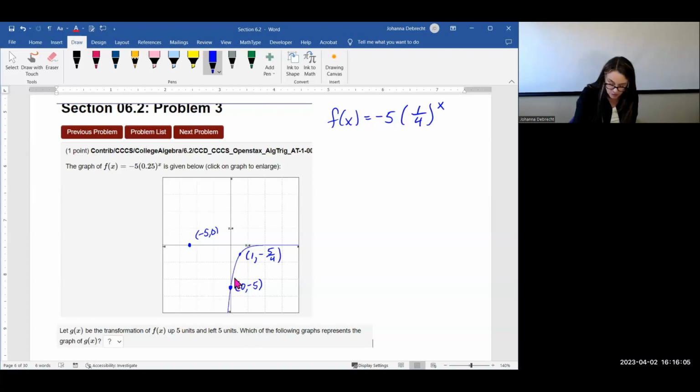So we're going to come over, that's 1, and that's 3, and so we have this curve that's coming like this. Because we're up 5, our horizontal asymptote goes from y equals 0 to y equals 5. So that's going to be this line right here.